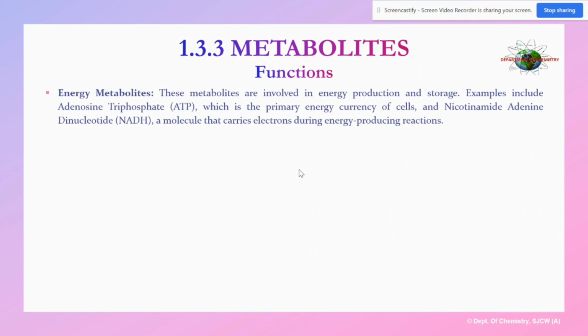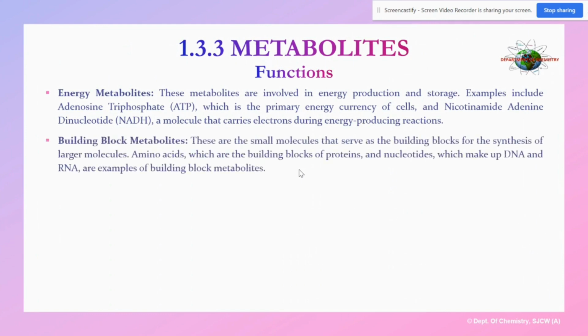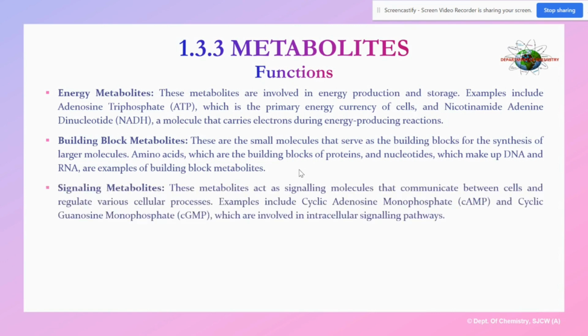Functions of metabolites. Energy metabolites play an important function in energy production. Examples are ATP and NADH, which are involved in the electron carrying reactions and energy producing pathways. Building block metabolites are involved in building up of macromolecules such as proteins, nucleosides, and nucleotides.